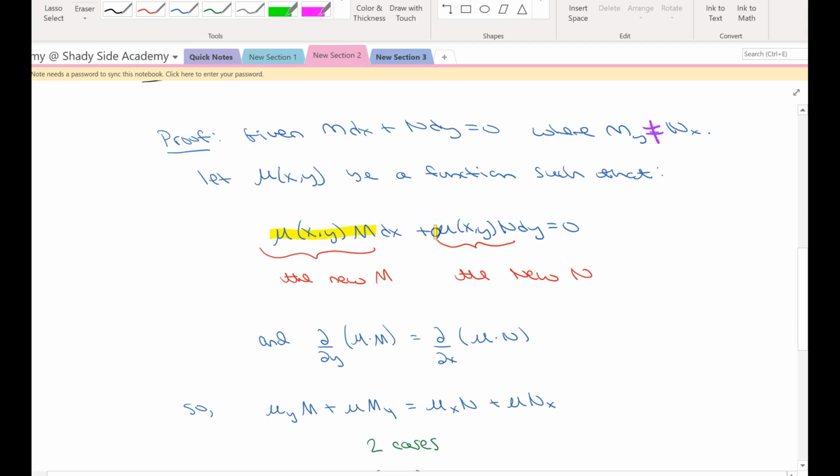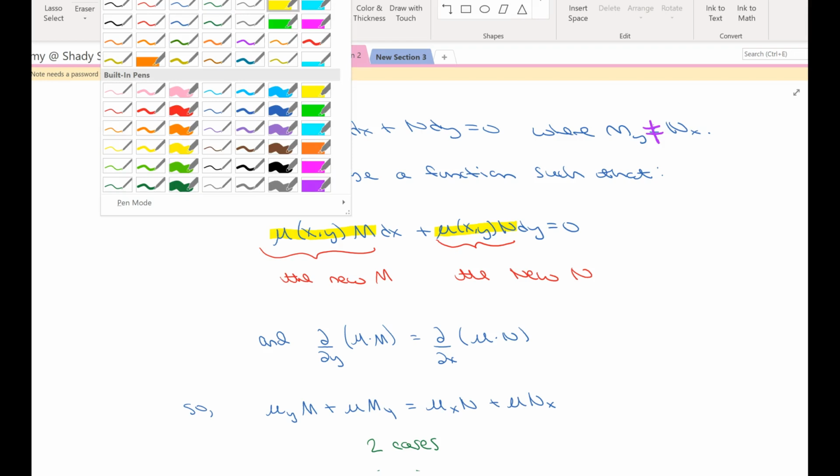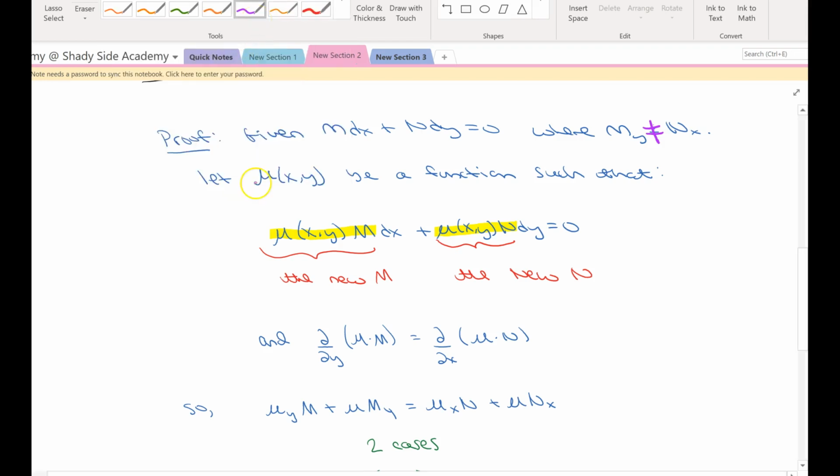The new N is mu of x,y times the function N of x,y. I didn't put the function notation next to the capital M and capital N. I'm just being a little bit shorthanded with that. That's kind of known information. All right, so essentially what I'm saying is call the integrating factor that would then make the diffie-q exact mu of x,y. Okay, so this is the potential integrating factor that hopefully we'll be able to find.